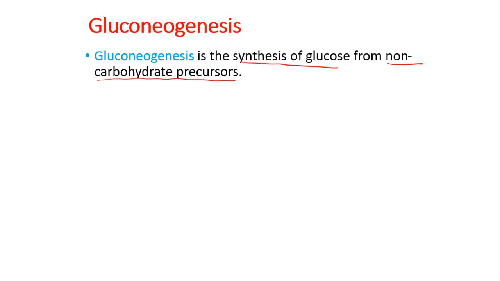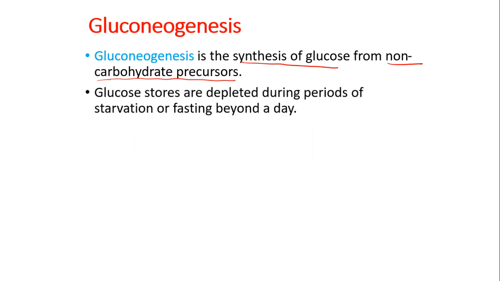In short, this process is just the reverse of glycolysis, whereby pyruvate is being converted back to glucose. When you talk of glucose, you need to understand that glucose tends to be depleted when someone is starving or when someone normally fasts beyond a day.